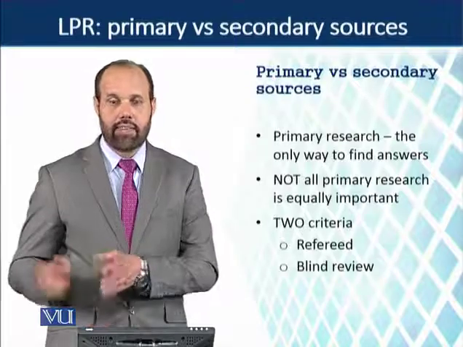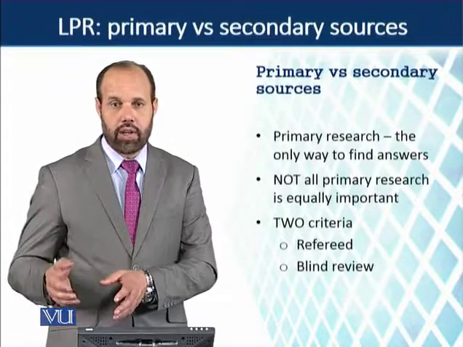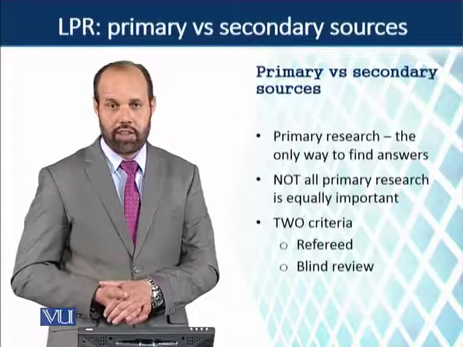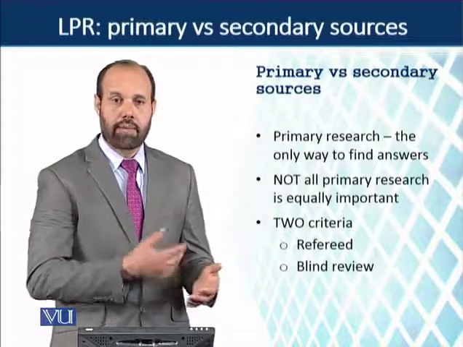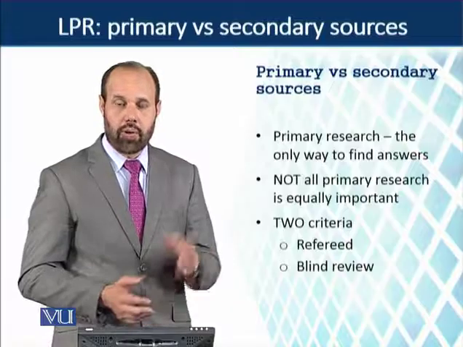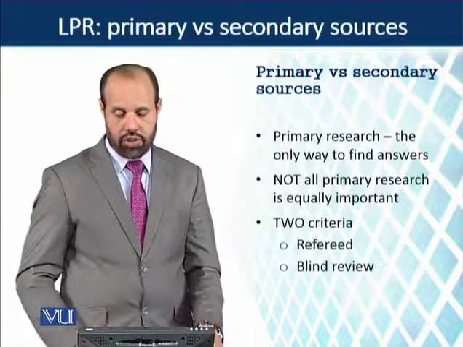Similarly, the reviewer does not know whose work he or she is reviewing. So this is called blind review. Number one, when it is reviewed, and number two, when it is blindly reviewed. It's a criteria which is used in publication.